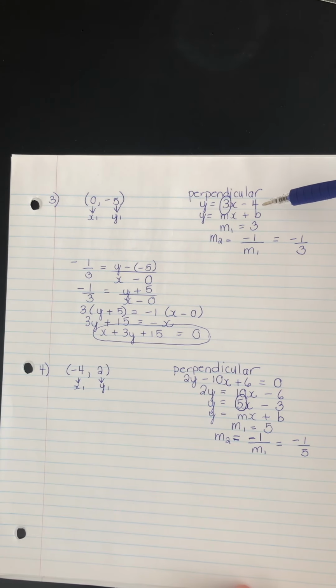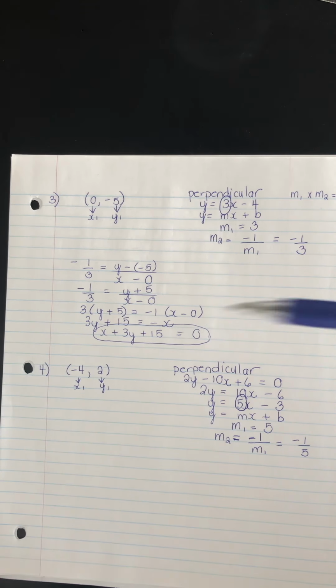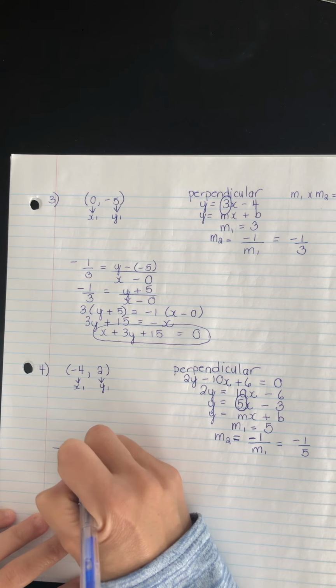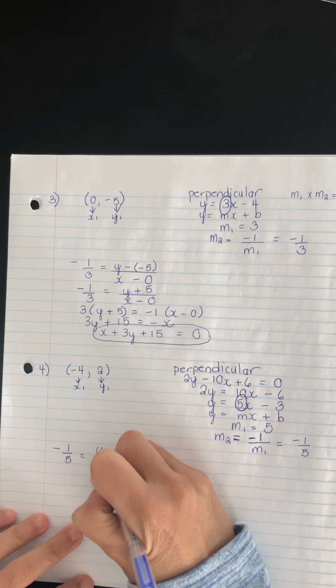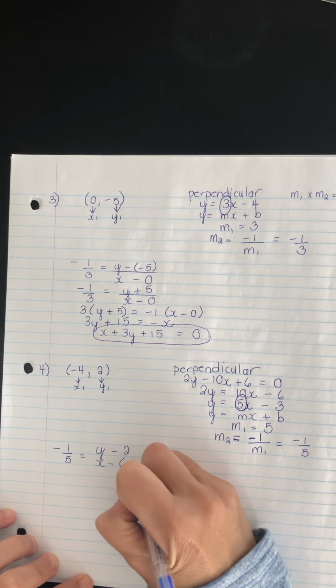Whereas here y was already isolated and we could take 3 as the slope. All right, the rest of the question will proceed like this. We'll have negative 1/5 on the left side. Here we'll do y minus y1 over x minus x1.